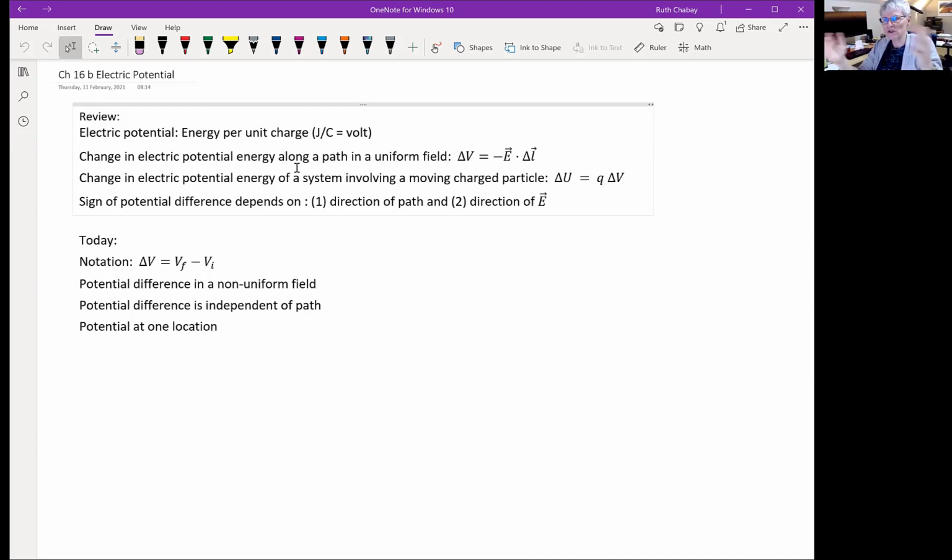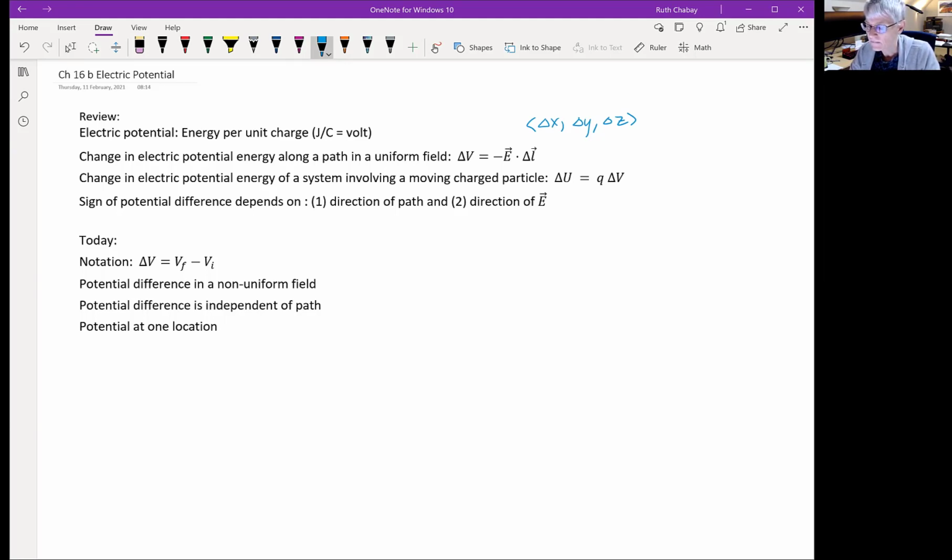So along some path from an initial place to a final place inside a region of electric field, we found that in a uniform field, the change in potential is minus the dot product of E and delta L, where delta L is our symbol for displacement: delta X, delta Y, delta Z in general.